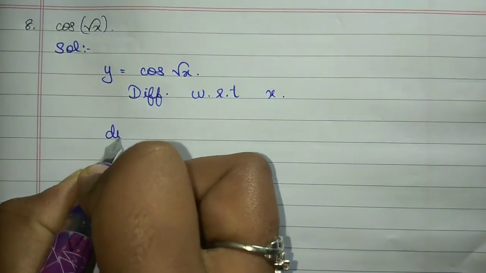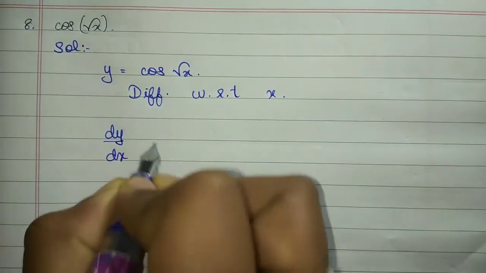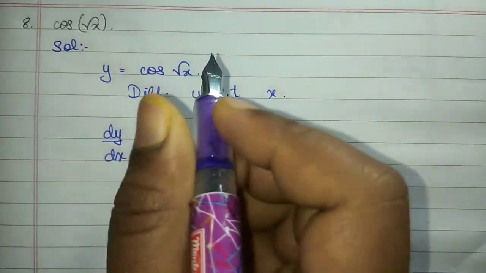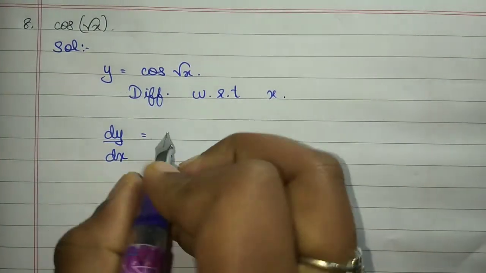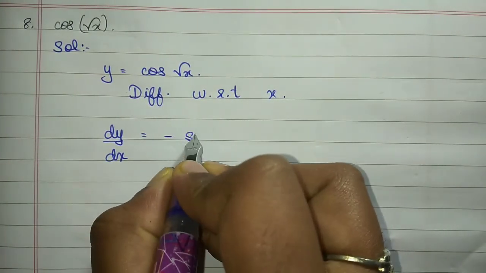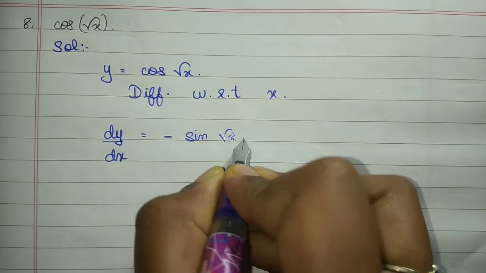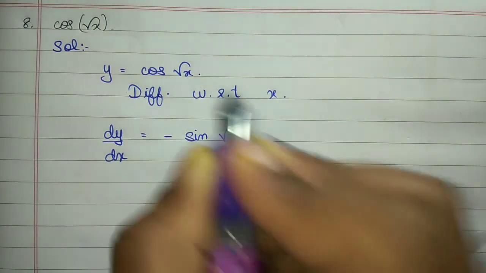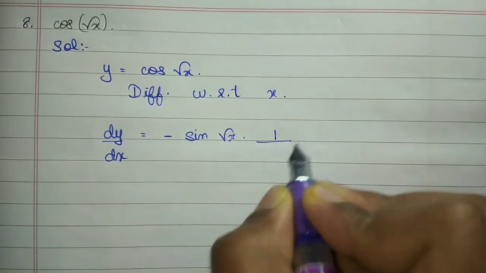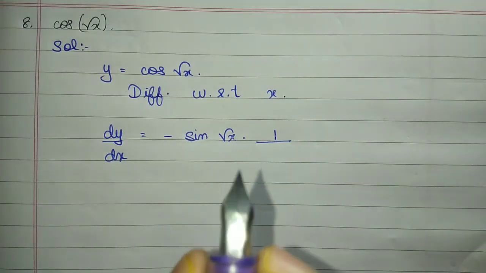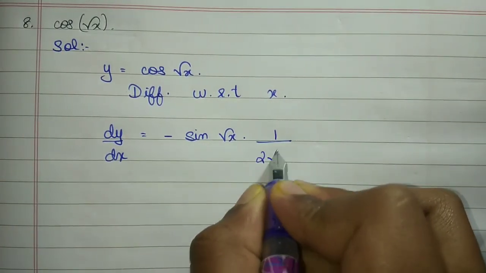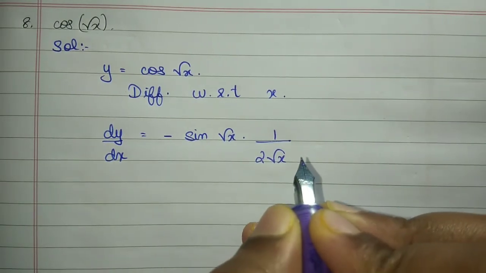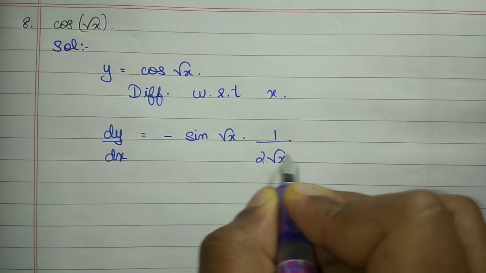So my dy by dx is equal to, so directly I can take from d by dx of cos theta, which is minus sine root x. So next step I have to differentiate for root x. So as I said already in the previous question, derivative of any root will be 1 by 2 root x. That's it. So or any function.